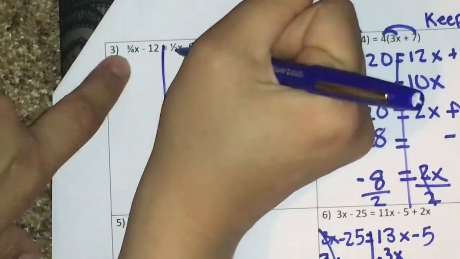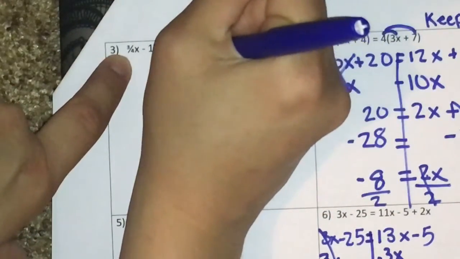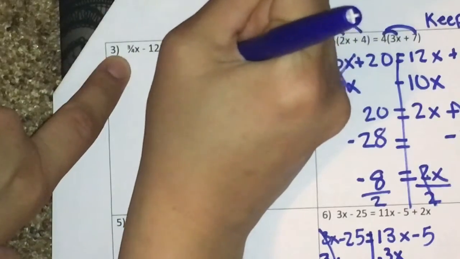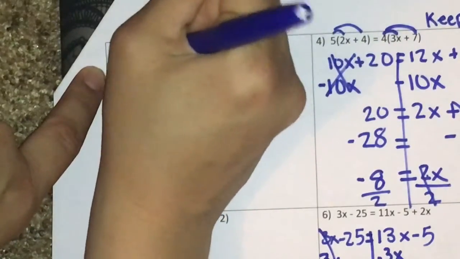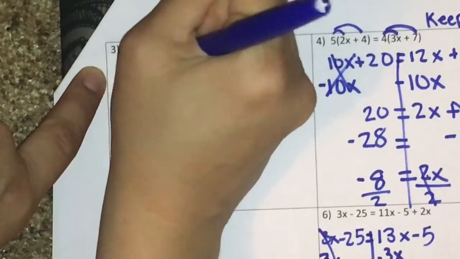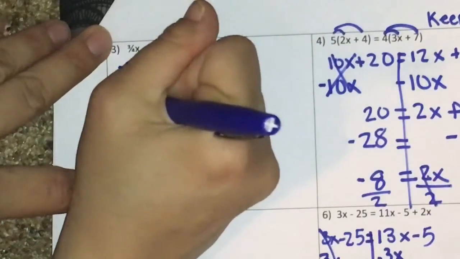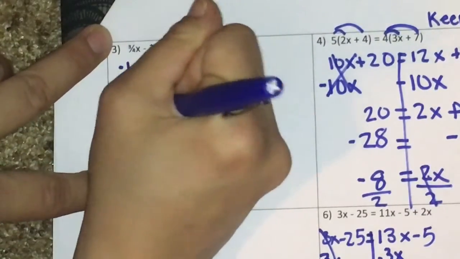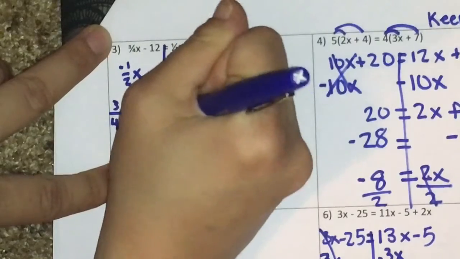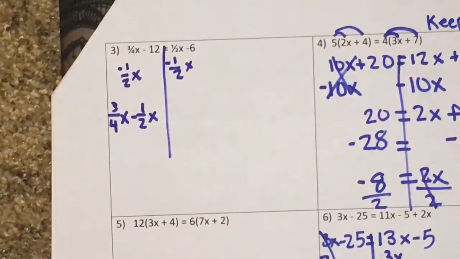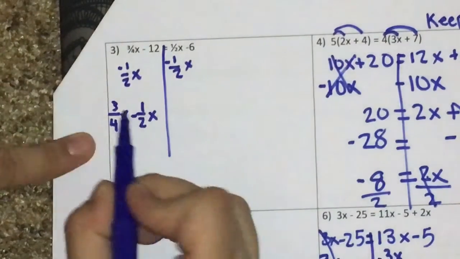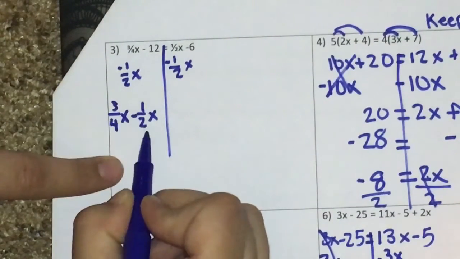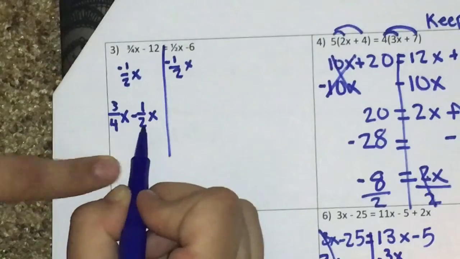So we have a positive 1/2 x and a positive 3/4 x. I'm going to subtract 1/2 x from both sides. When you subtract fractions, so 3/4 x minus 1/2 x, you need to get what's called a common denominator. I cannot subtract 3/4 and 1/2 until I get a common denominator.